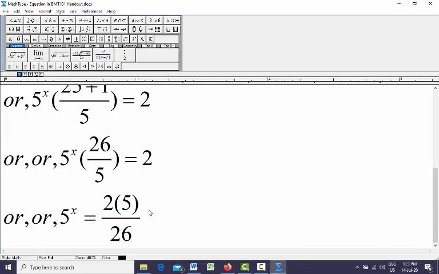Cross multiplication. So there is a 1 below this one, so 26 will get multiplied by the 1 below it. So we will have this 26 in the denominator if you move it to the right hand side.